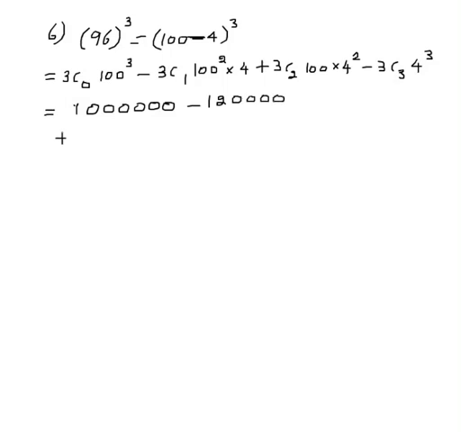120000 and then plus 3c2 is 3. 4 square is 16. 48. 48 into 100, 4800, minus 4 cube is 16 times 4, 64.